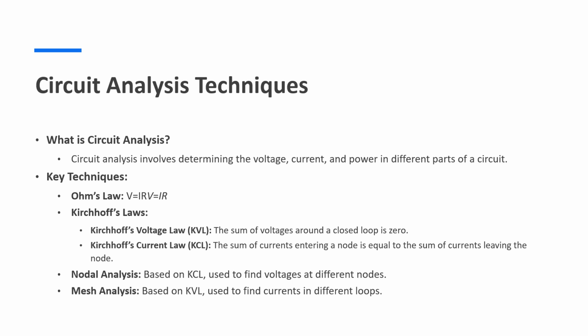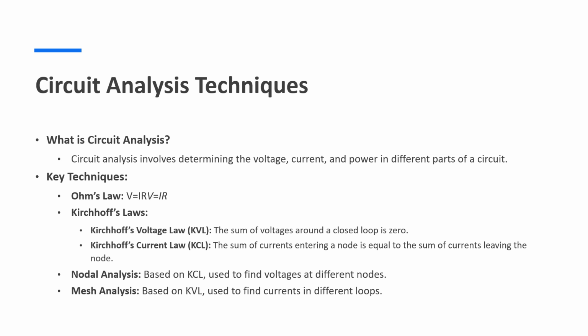For Kirchhoff's laws, we have two types: Kirchhoff's voltage law and Kirchhoff's current law. Kirchhoff's voltage law says the sum of voltages around a closed loop is zero. Kirchhoff's current law says the sum of currents entering a node equals the sum of currents leaving the node.